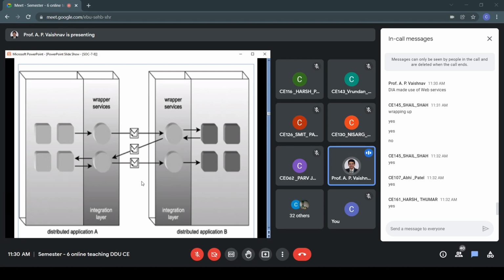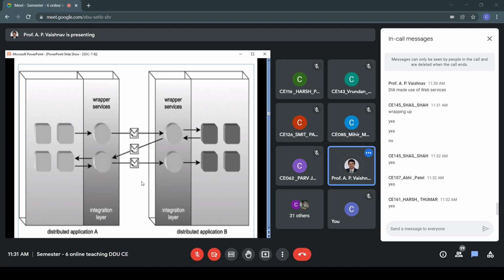While in case of SOA, we don't use one style of messaging. That means we don't use proprietary communication. We use standard messaging models like SOAP. We divide the logic properly based on the principles so that your services are loosely coupled, autonomous, stateless and so on.